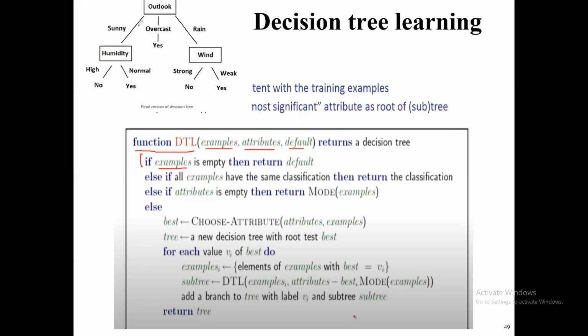So for example, after splitting with outlook, and in the next level, after splitting with humidity, the examples that were left here all had the same decision, right?